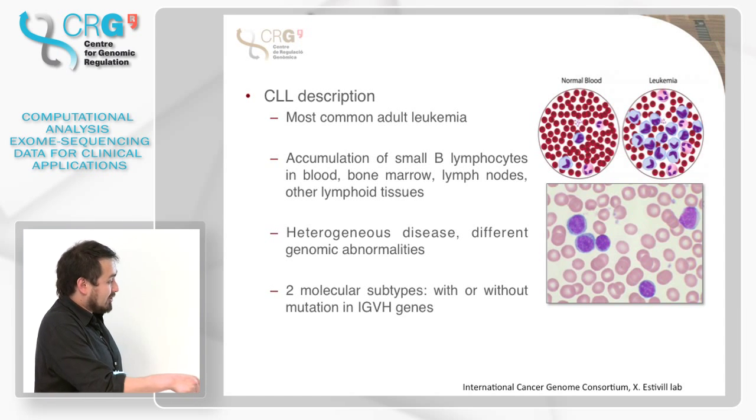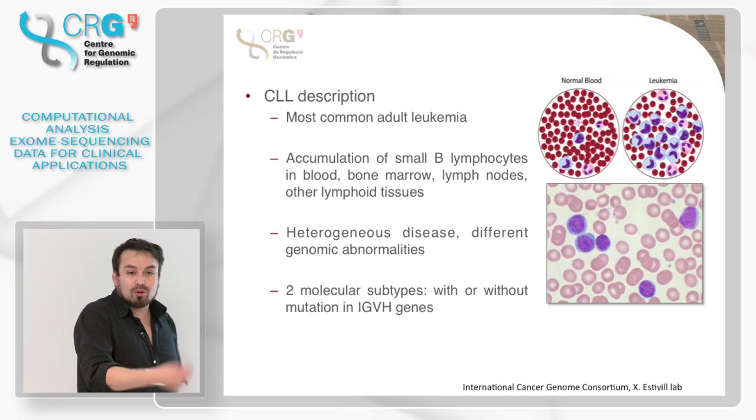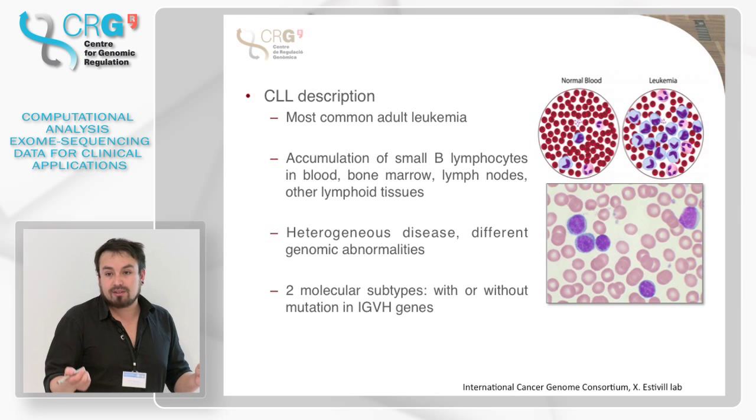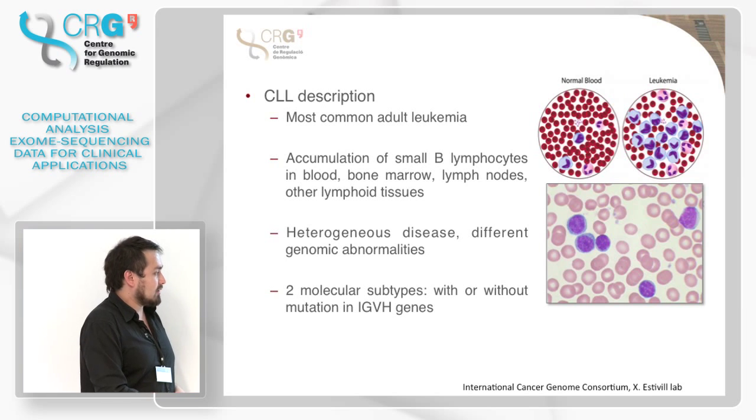There are also two molecular subtypes that are very different from each other. One resembles more a stem cell-like phenotype, and the other one is not like a stem cell. It's a more specific, more differentiated state.